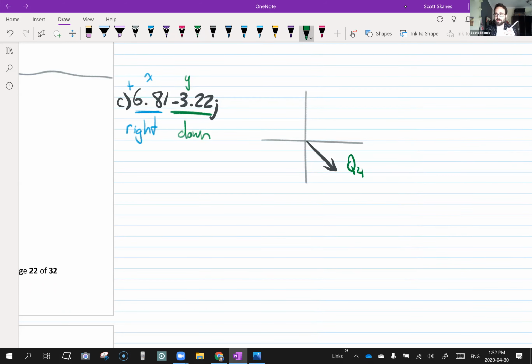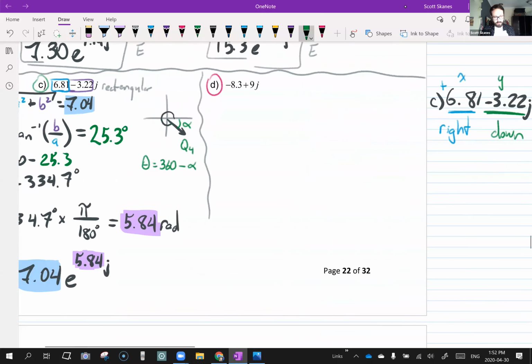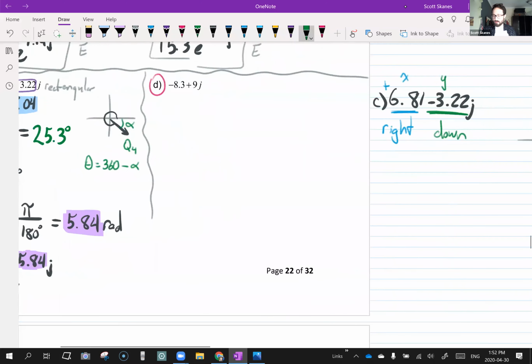Once we know the quadrant that we live in, we can start using our rules. Is that okay?